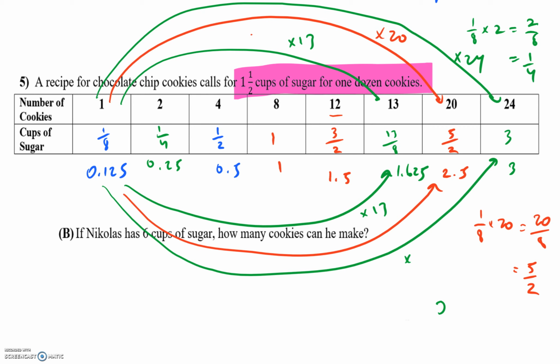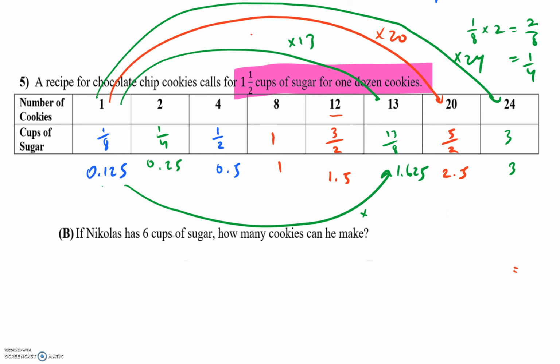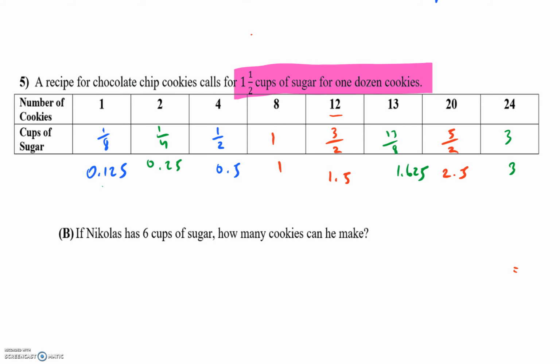Alright, so let's clean this up a bit. And here is our table. Alright, so once again, if you prefer leaving it as fractions, that is okay. If you want to convert it into decimals, that's also okay.